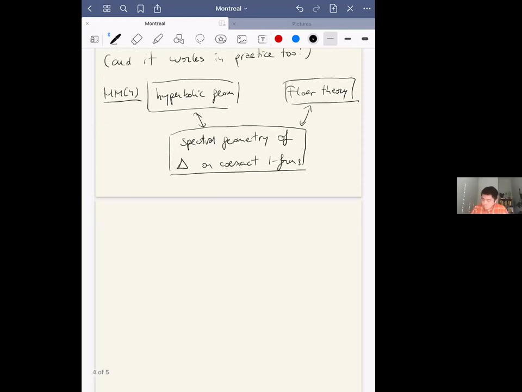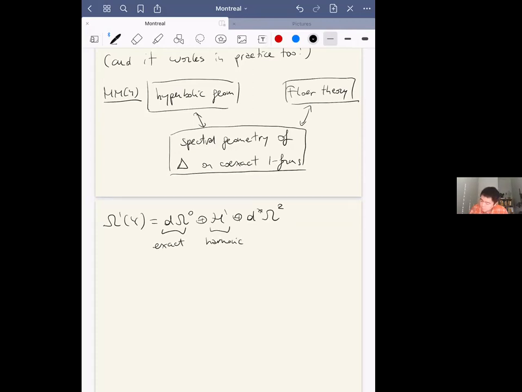So let me just quickly say what I mean by the spectral geometry. So the one forms on your manifold. Here I'm always assuming that it's a Riemannian manifold, so there's a Hodge decomposition: Omega^1 is an orthogonal decomposition into exact, harmonic, and coexact forms.